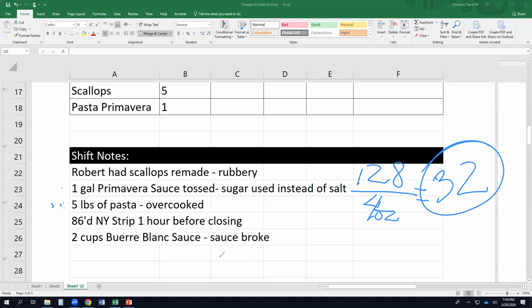Okay. What about the beurre blanc sauce? Anybody list that as number 1 of your most important pressing issues? Anybody else number 4? Why number 4? Okay, cool. What else? So the quantity of it, but only 2 cups.